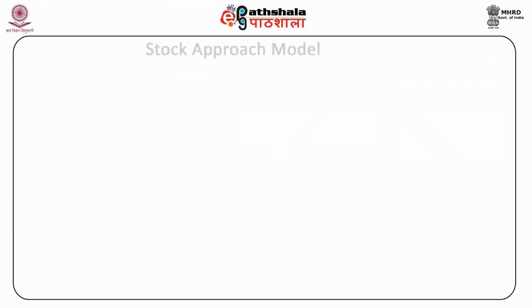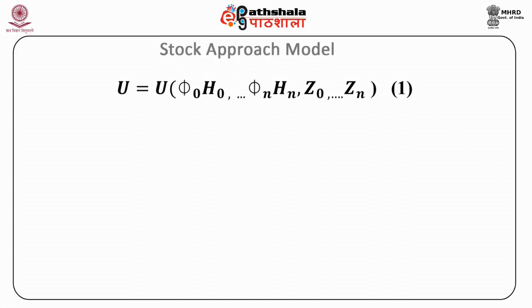In this approach, the utility function of an individual is defined as U = U(phi0 H0, ..., phin Hn, Z0, ..., Zn), Equation 1, where H0 is the initial health stock, Hi is the health stock in the ith period, phi i is the per unit stock service flow, and phi i Hi is the total healthcare consumption, Zi is the consumption of other commodities in the ith period. Death occurs when Hi equals H minimum.